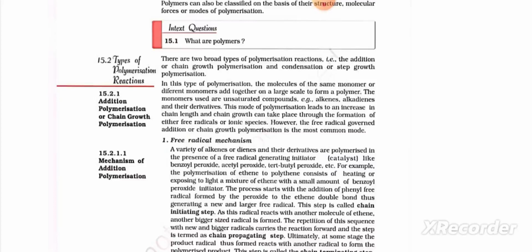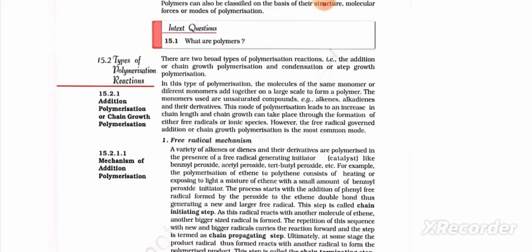Section 15.2.1 Addition polymerization or chain growth polymerization. In this type of polymerization, the molecules of the same monomer or different monomers add together on a large scale to form a polymer.